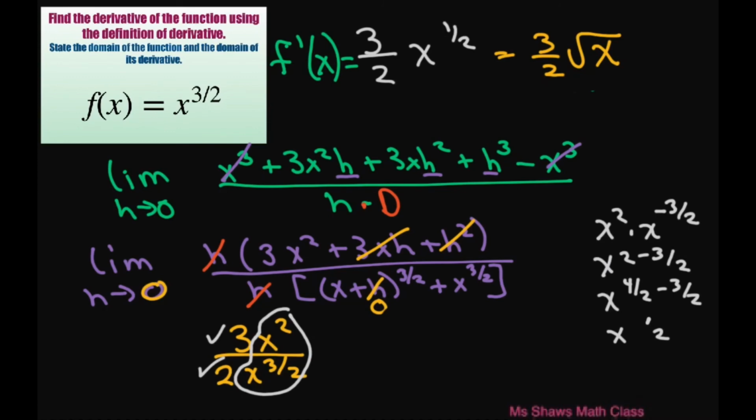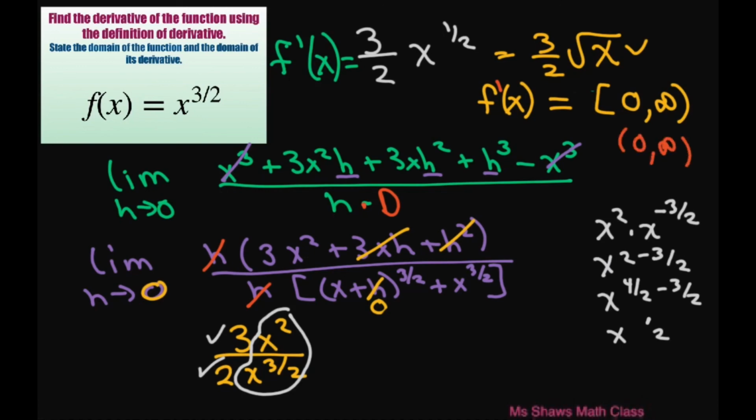And again, the domain for this is 0 to infinity, which equals also our f of x domain, looking at it this way. Strictly speaking, for this f prime of x, the domain is really 0 to infinity.